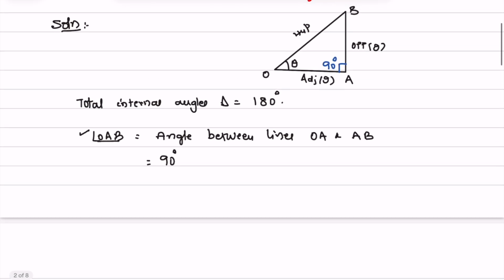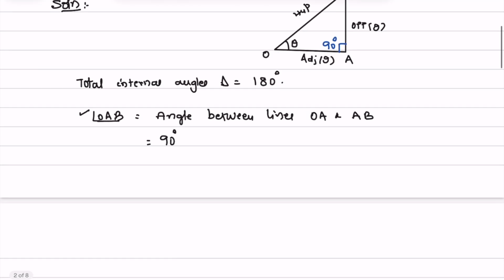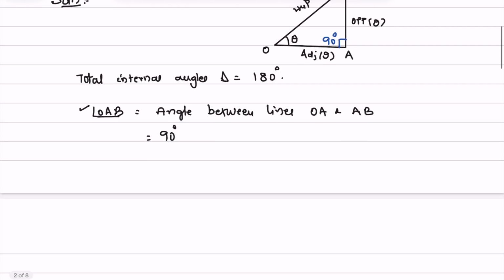This is the line OA, this is AB. Now, what is the angle AOB? Angle AOB is equal to the angle between AO and OB. That is equal to theta, from the figure.